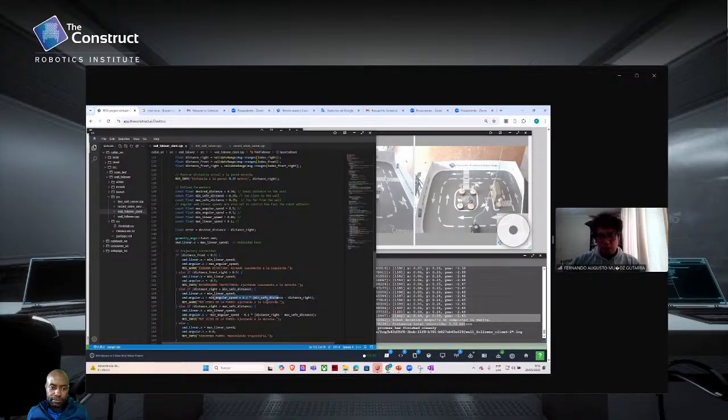I investigated, and first you can set a minimum angular speed and then give more velocity in that part. So that was the reason I put the mean safe distance: to increase or decrease the velocity according to the distance we have.